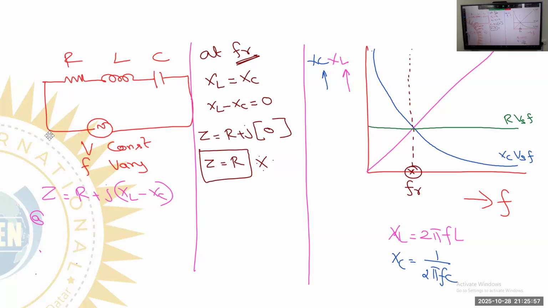Unity power factor. So if a circuit operates at resonant frequency, then the circuit has a unity power factor. That information we will remember. So Z is equal to R. What is the power factor? Power factor is unity. Okay.